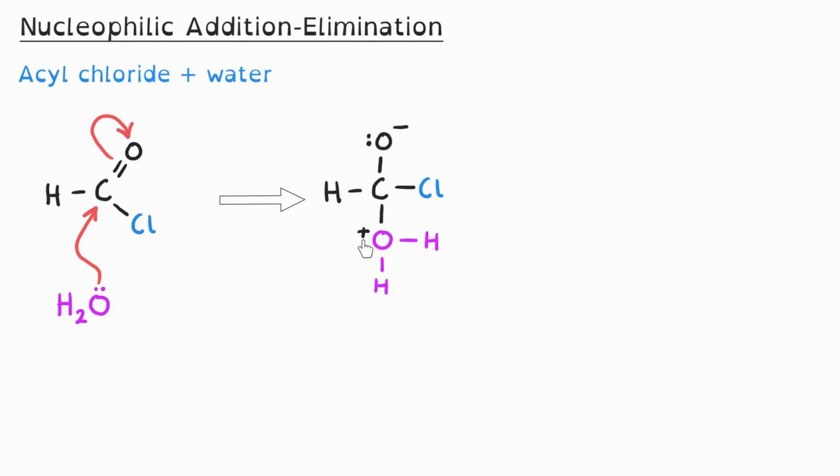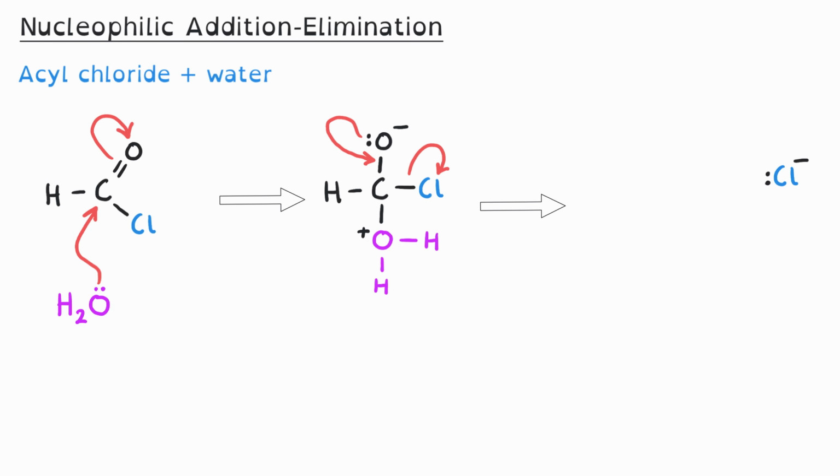Additionally, the nucleophile has used its lone pair to make a new bond, so now it will be positively charged. What happens in stage 2 is the elimination. That double bond between the carbon and the oxygen reforms using the lone pair that the oxygen temporarily took out of the bond. Then the chlorine is going to leave, taking the pair of electrons that it was sharing with the carbon away with it.